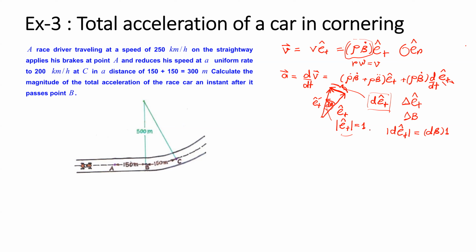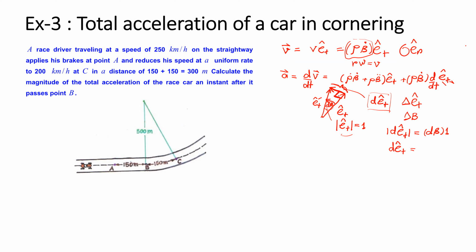But if you consider the direction also, if d beta is very small, this angle can be assumed as a right angle, 90 degrees.